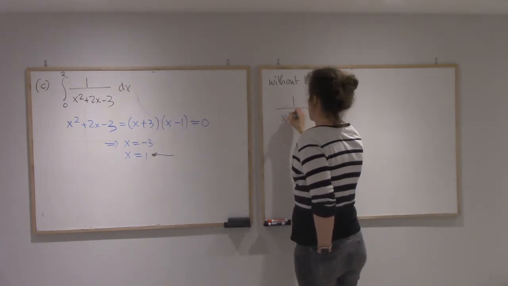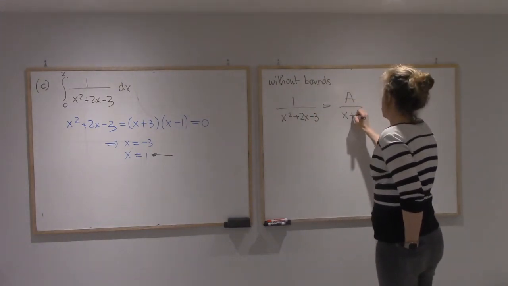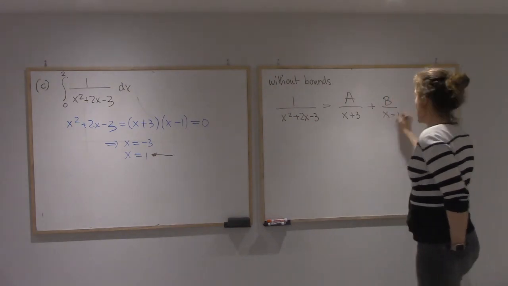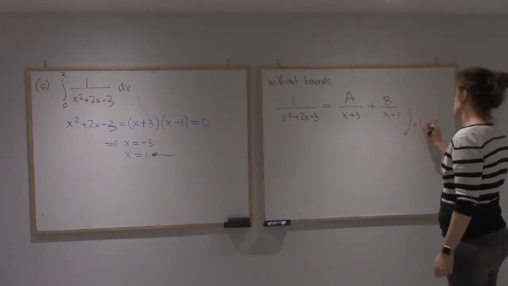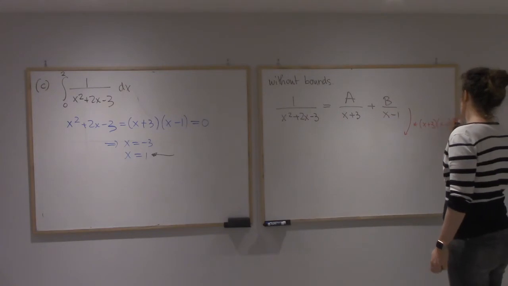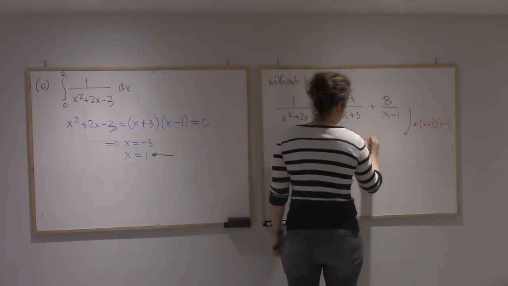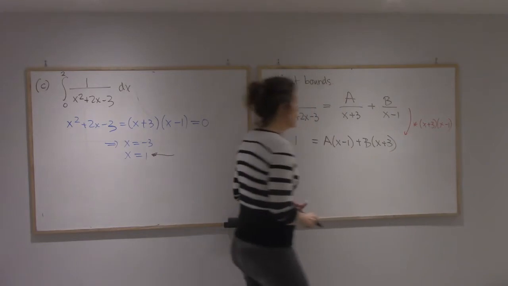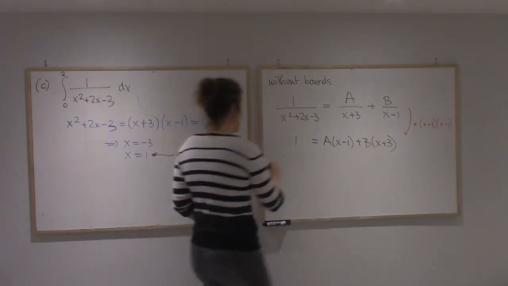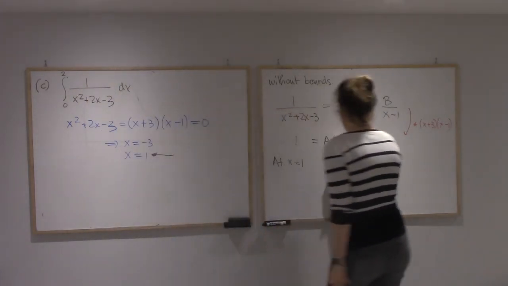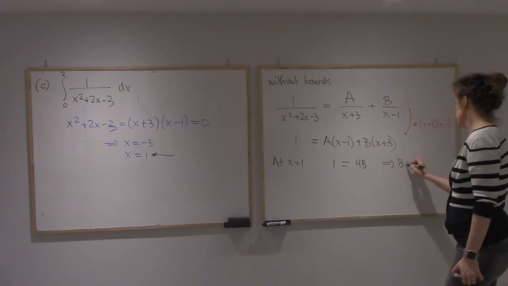So I just told you it was partial fractions. I already have the factors. It's x plus 3, x minus 1. So if I multiply by the denominator, I get 1. I'm going to plug in 1 to make this 0. I'm going to get 4b, so b is 1/4.